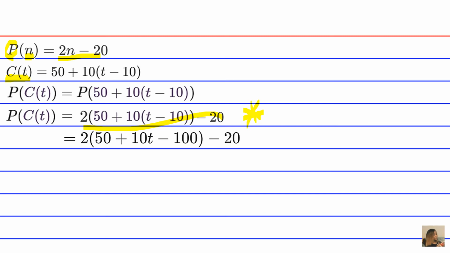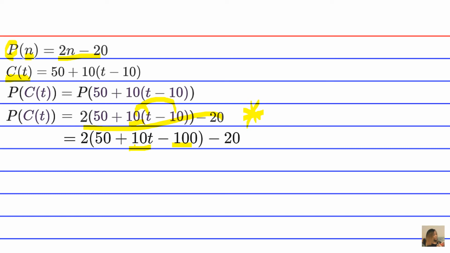So if you distribute the 10, you get 2 times (50 + 10T - 100). And again, this is after you distribute the 10 to the T - 10 expression, okay?